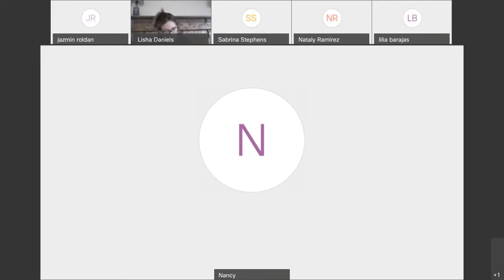A 22 gauge needle is recommended for children and adults with smaller veins, and a 20 gauge needle is sometimes used when a large volume tube is used to collect a blood specimen. Manufacturers often color code the needle guard and hub of venipuncture needles by gauge for easier identification. For example, Becton Dickinson uses the following color coding system: yellow for 20 gauge needles, green for 21 gauge needles, and black for 22 gauge needles.